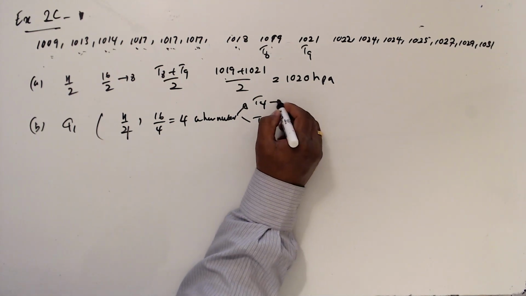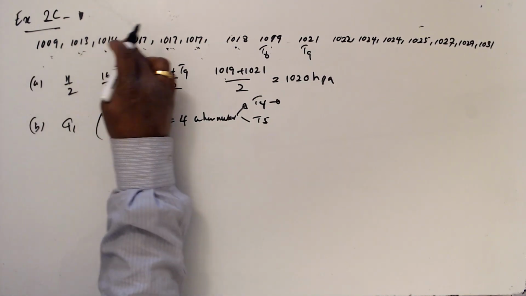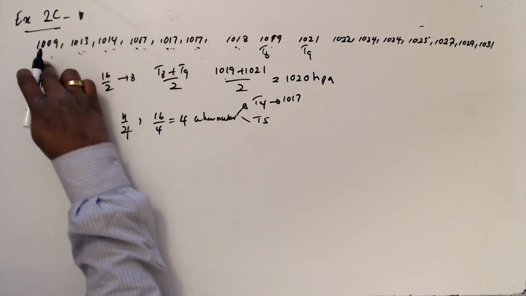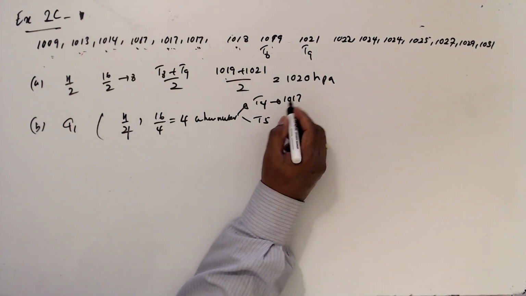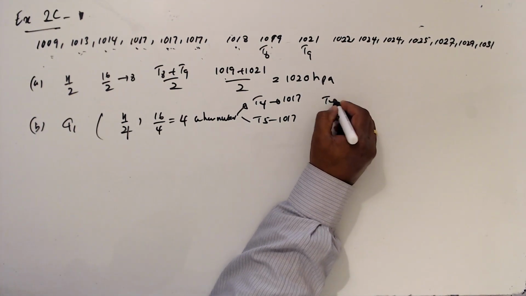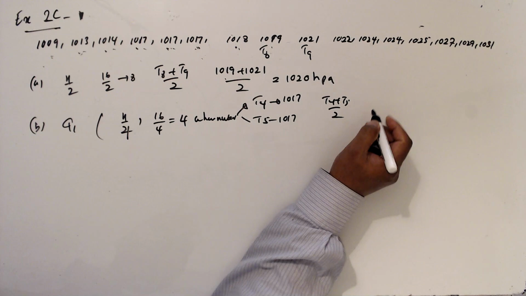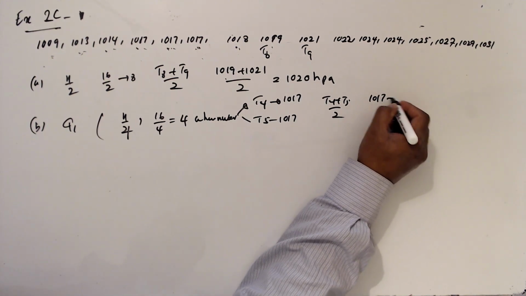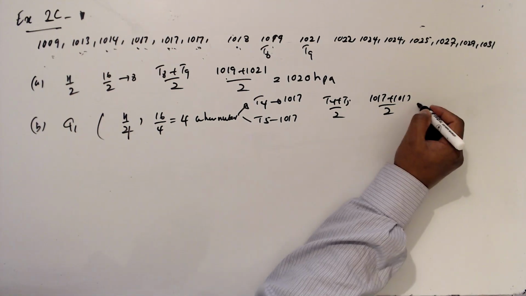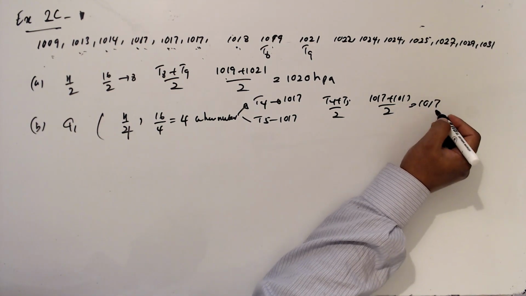T4 is 1017, and T5 is also 1017. So we get the average, T4 plus T5 divided by 2, which is 1017 again.